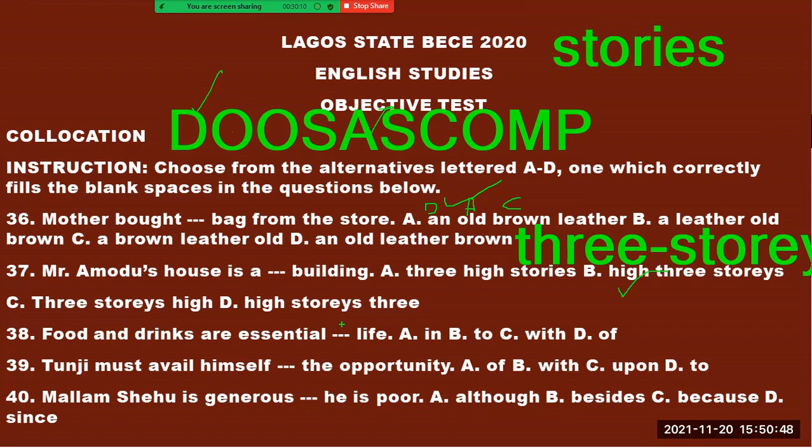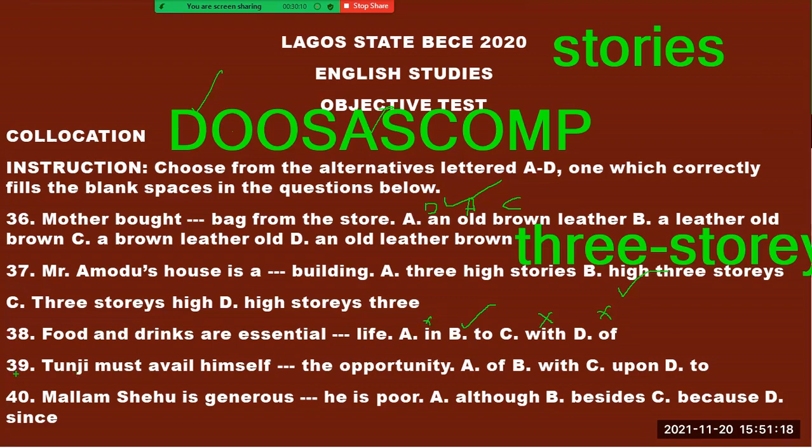When something is essential to something, all right? So option A, "in," you cannot say essential in life. This is incorrect. Essential to, which is B, is quite correct, all right? So B is correct. Essential with is wrong. Essential of is wrong. Essential in is wrong, okay?